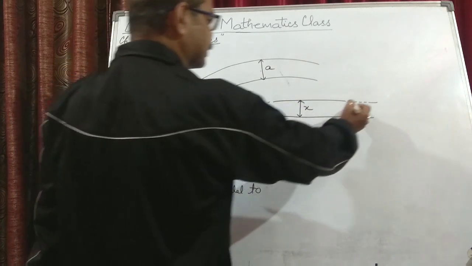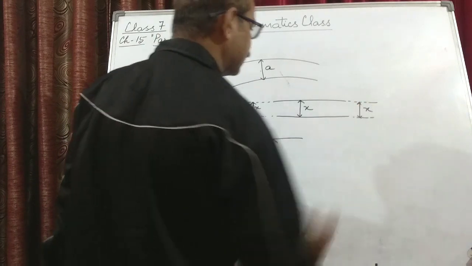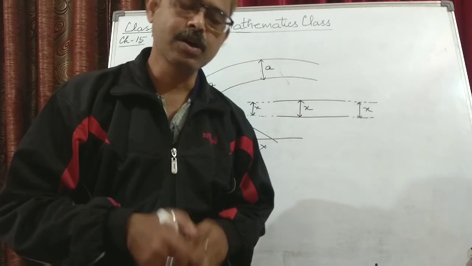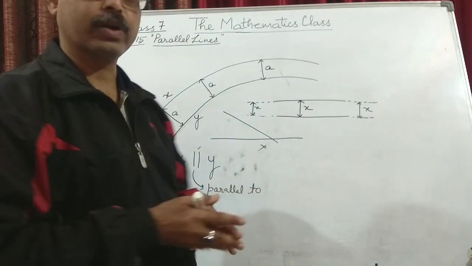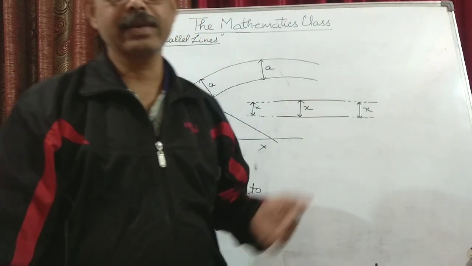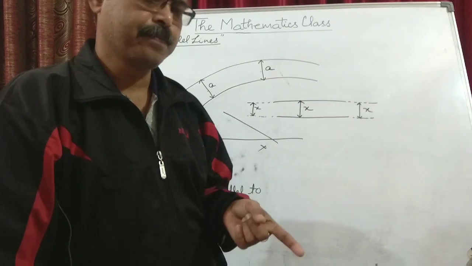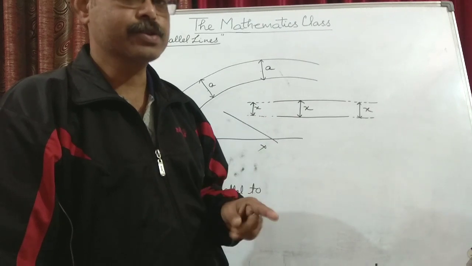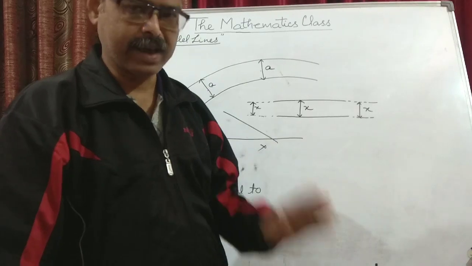This is the second point that we need to remember always, that the distance between two parallel lines is always fixed or constant. I hope the concept will be clear to you. What are parallel lines? Lines in the same plane which do not intersect each other ever, and the perpendicular distance between the two lines is always fixed or constant, are known as parallel lines.